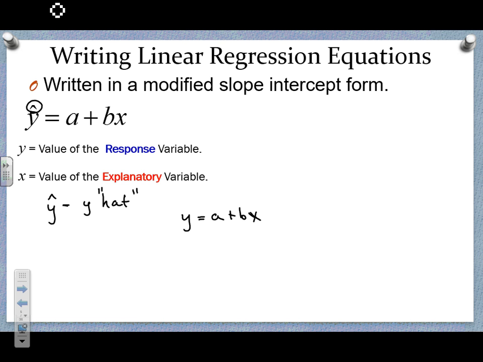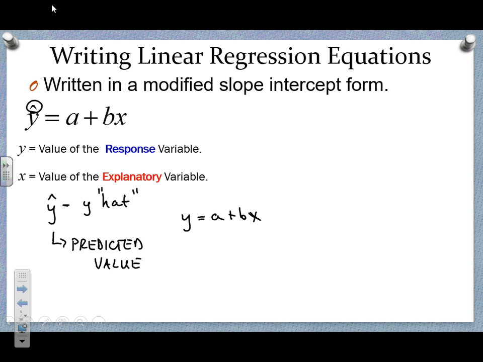But we're using that x value to predict a value for y. So when you see this y hat here, this is a predicted value. It does not mean that if you had that exact x value in real life, you would get this exact y value in real life.